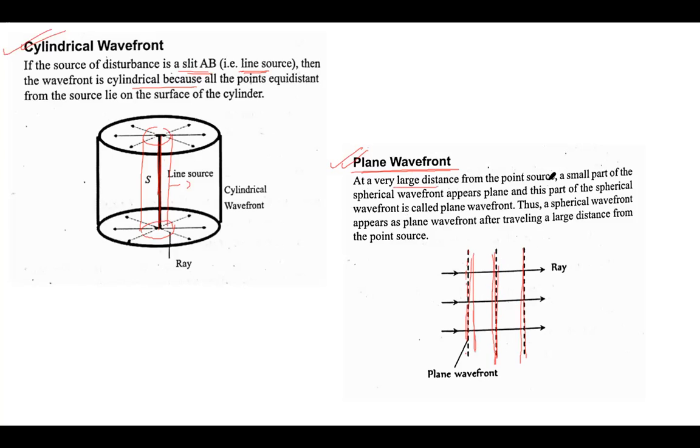At a very large distance from the point source, a small part of the spherical wavefront appears plane, and this part of the spherical wavefront is called a plane wavefront. Thus, a spherical wavefront appears as a plane wavefront after traveling a large distance from the point source.